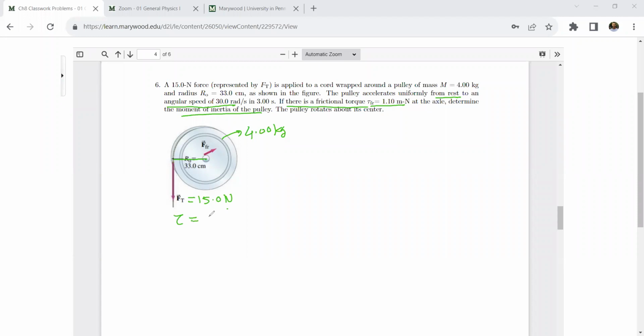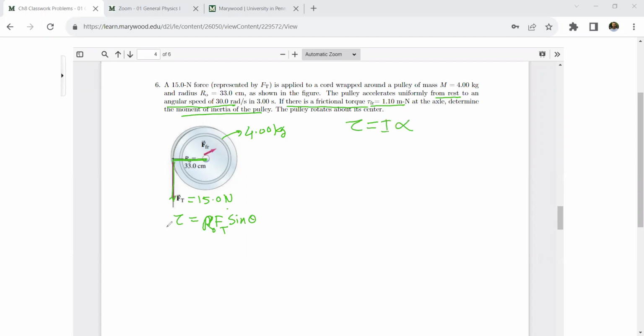from this equation, R F, actually Ft, and R0 sine theta, from this equation. R0 is this, Ft is this. Then we can also determine tau equal to I alpha.